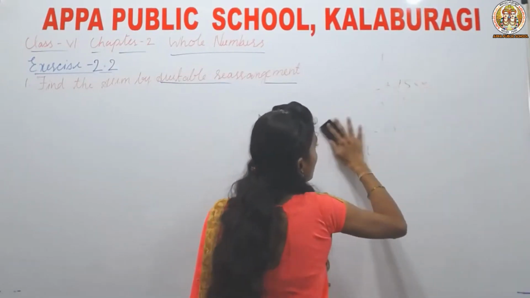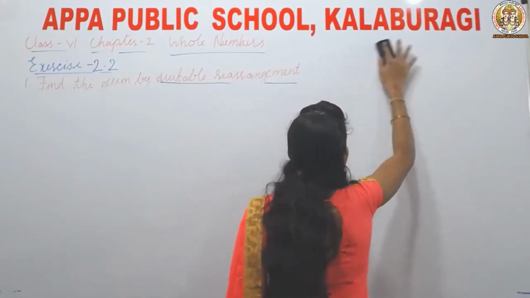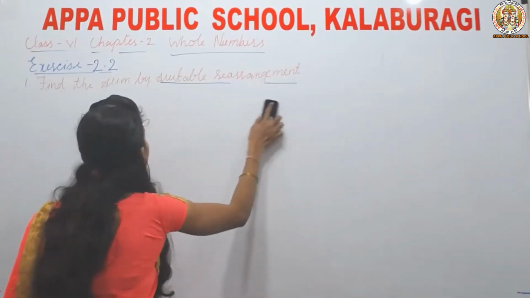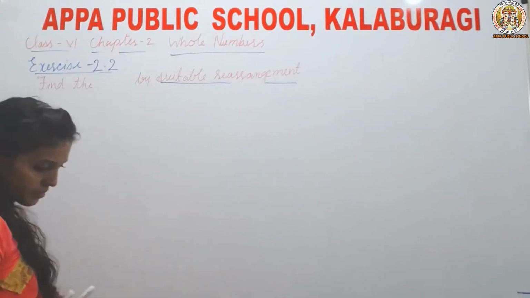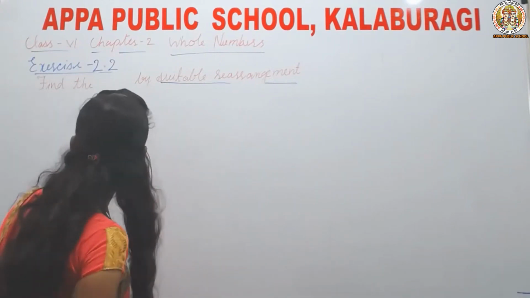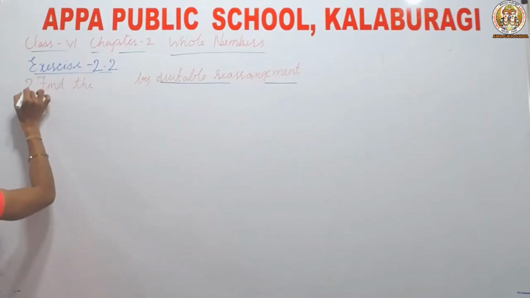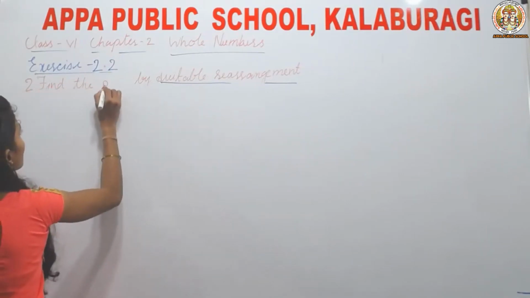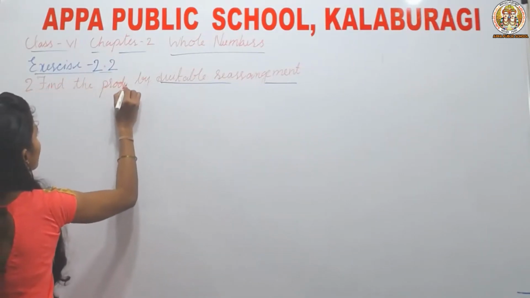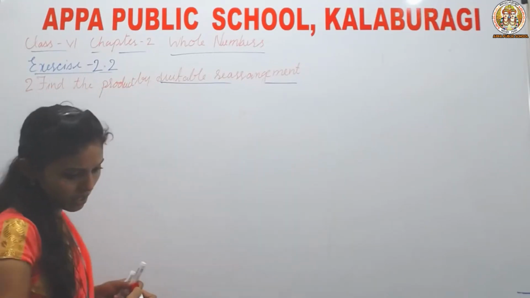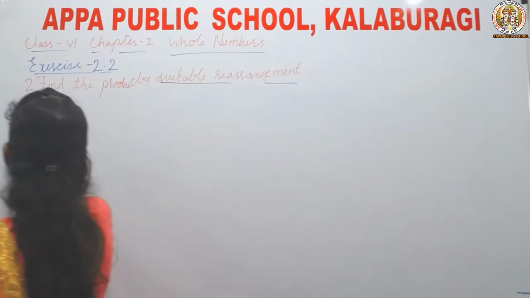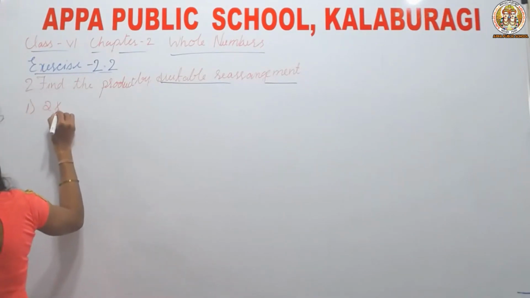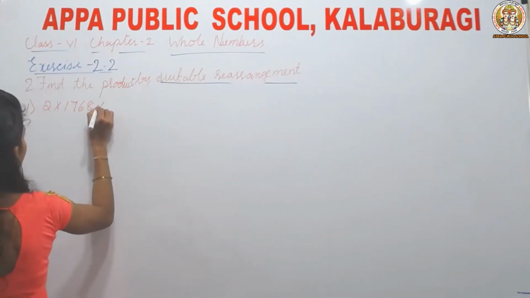Okay, let us go through that. Now, find the product by suitable rearrangement. The first number is 2 into 1768 into 50.